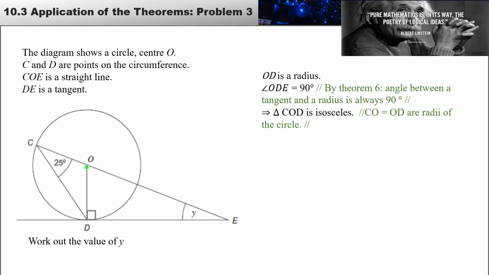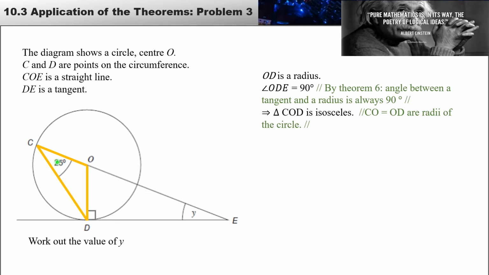Let me use some visual aids. CO, that line CO, is equal to that line OD. So they are both radii of the circle. So that means the triangle COD is isosceles, right? This is indicated by these yellow lines.